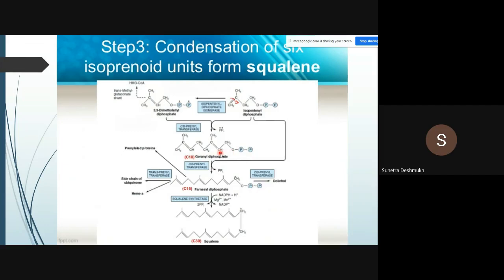Now we again add 1 isoprene unit to this geranyl diphosphate to get C15 farnesyl diphosphate. So we only have to add 1 more isoprene unit to the existing molecule.